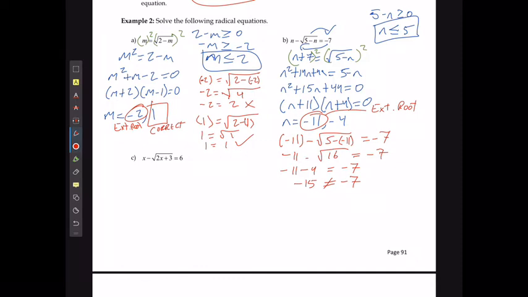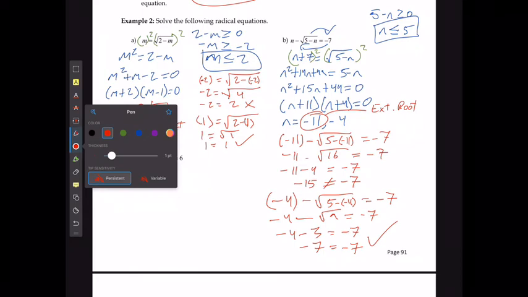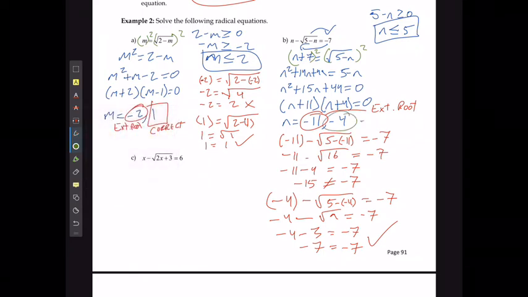For the second example, -4 minus the square root of 5 minus -4 is equal to -7. -4 minus the square root of 9 is equal to -7. -4 minus 3 is equal to -7, or -7 is equal to -7. And that one works, which means that that is correct.